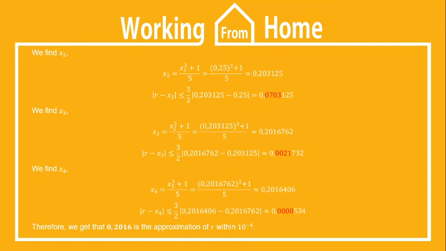Do you understand? So because of that, for 4 decimal places, x4 is 0.201646. We take only until 4 decimal places. Therefore, we get that 0.2016 is the approximation of r within 10^-4. Do you understand?